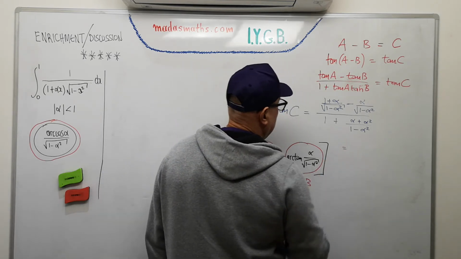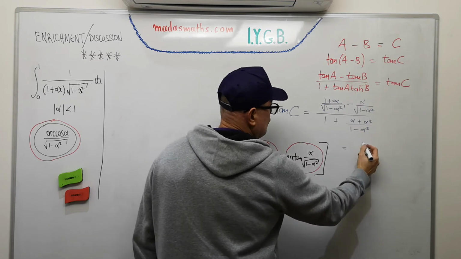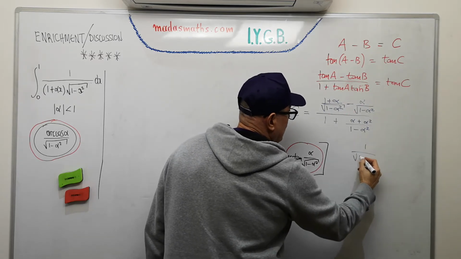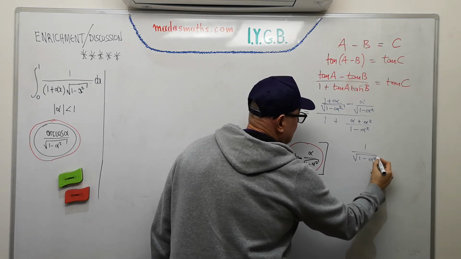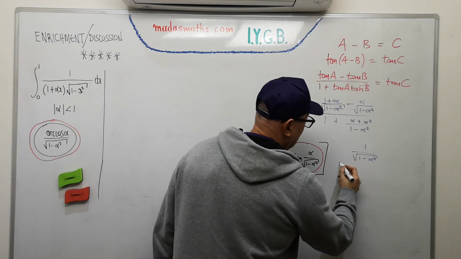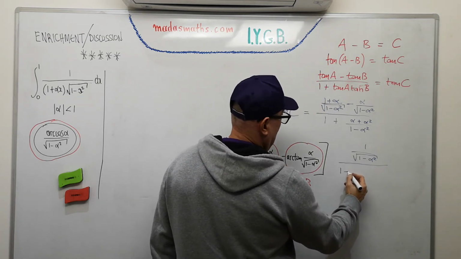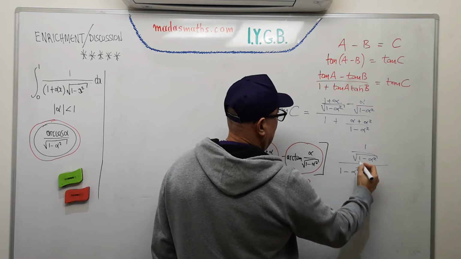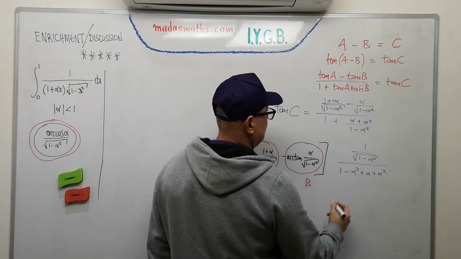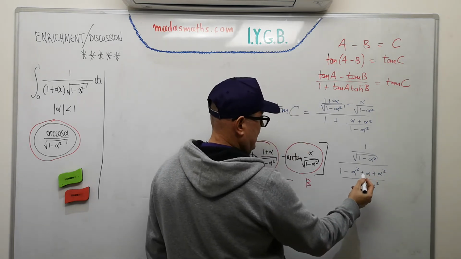What will happen? The tan of C is equal to 1 plus alpha minus alpha, which is 1, over the square root of 1 minus alpha squared. And on the denominator, God, this is actually very, very painful: 1 minus alpha squared plus alpha squared over 1 minus alpha squared.